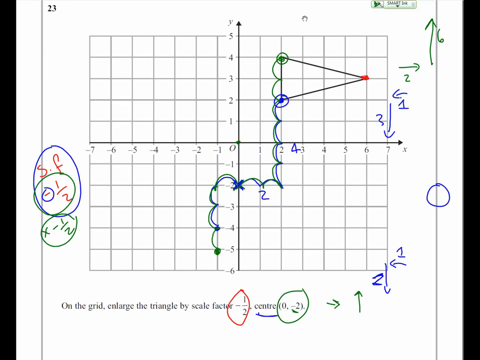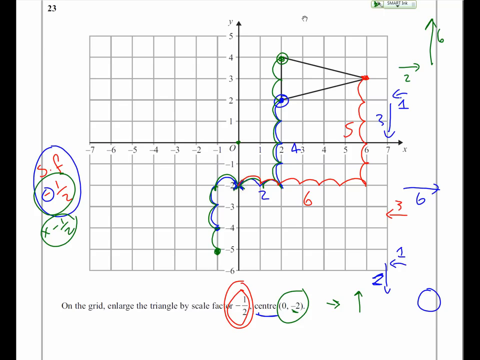There it is. The red one, this is going to be a tricky one. You'll see what I mean in a second. 1, 2, 3, 4, 5, 6 across. 1, 2, 3, 4, 5 up. So the 6 across is okay. It's now going to go backwards because it's a negative, and it's going to go half because it's minus a half, so it's 3.